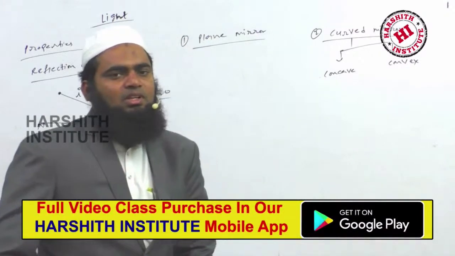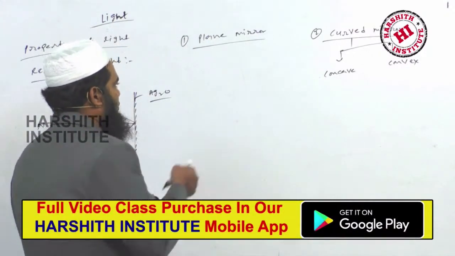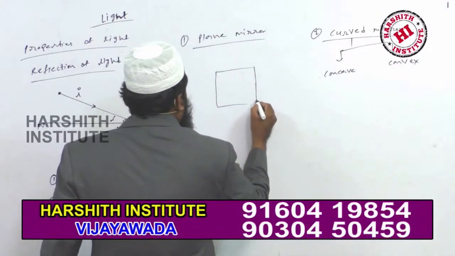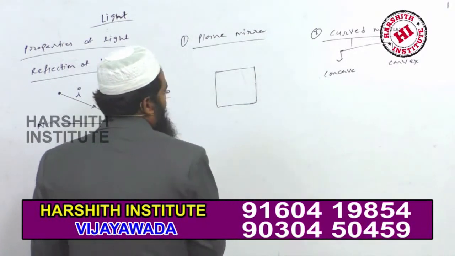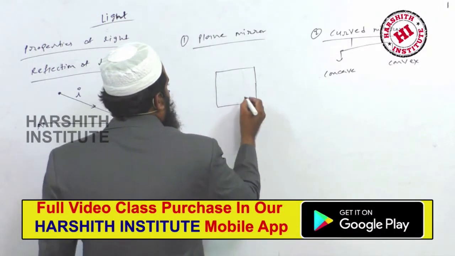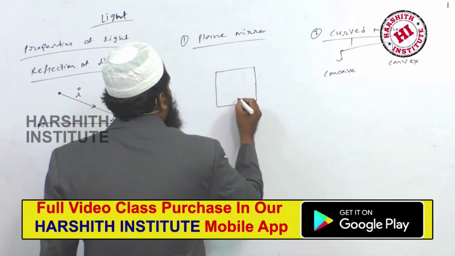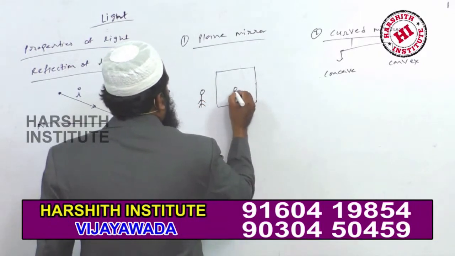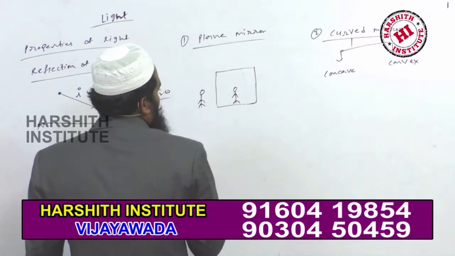Plane mirrors have this type of pattern. This is a plane mirror. If we place an object in front of a plane mirror, we can see its image. This is the object, and this is the image we observe.